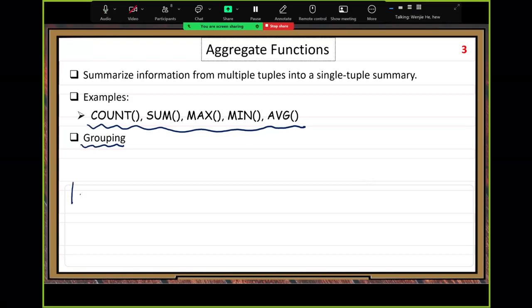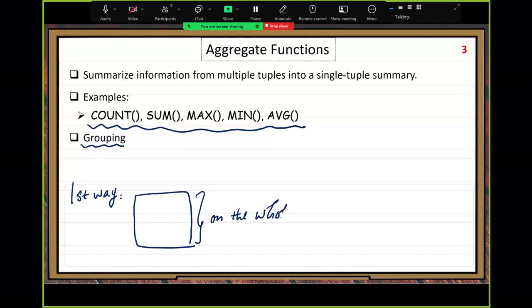The first way, you apply the aggregate functions on the whole table. Count, so you count the total number of rows in the whole table. Sum, so you apply the sum function on this whole table. So that's the first way.